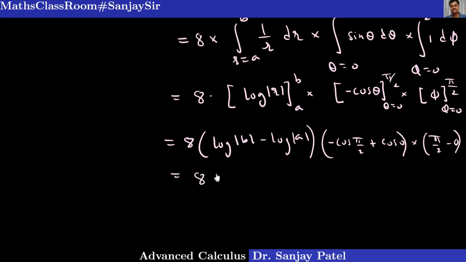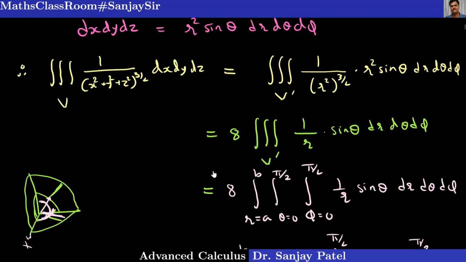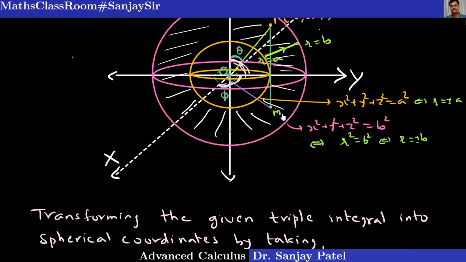So it is 8 times log mod b upon a into cos 0 is 1 plus 0, and this is pi by 2, so into pi by 2. So the final answer is 4 times pi into log of mod of b upon a. Okay, so this way you can find the value of this triple integral.